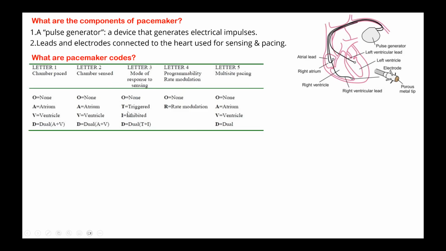Either it can be triggering more contraction, or it can inhibit, or it can do both. So this is the response. These are the three letters which will usually be used for indicating the mode of action of the pacemakers. And these other two things are usually rate modulation and multi-site pacing. You know what is multi-site pacing?